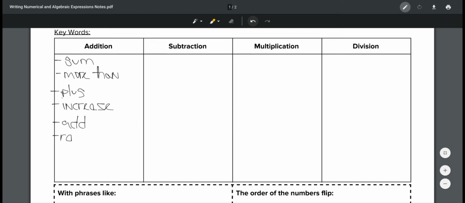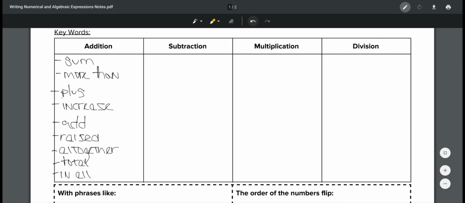Raised. All together. Total. And the last one I'm going to write is in all.